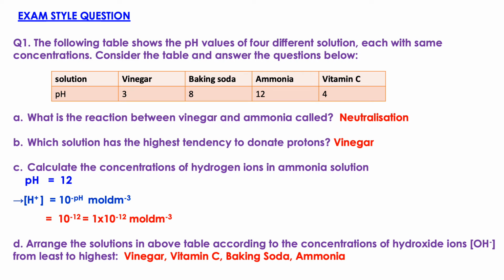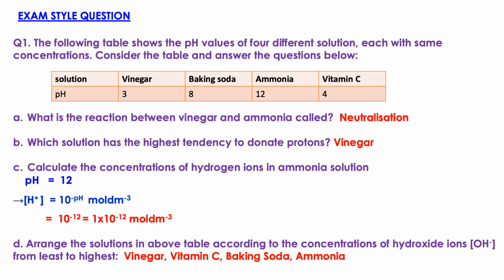Arrange the solutions in the above table according to the concentration of hydroxide ions from least to highest. Now, from the table, we see there are 2 acids. One is vinegar and the other is vitamin C. Ammonia has the highest pH, which means it has the highest concentration of hydroxide ions.